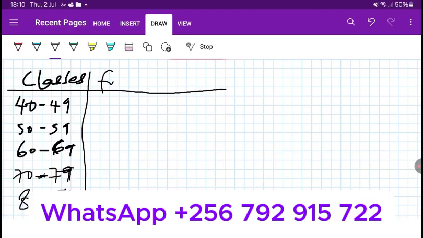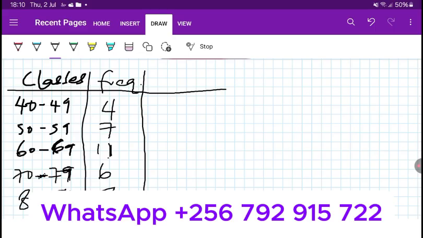We get the frequencies, we write them the way they are. This was 4, this is 7, this is 11, this is 6, and this is 3. Now we get the class boundaries.